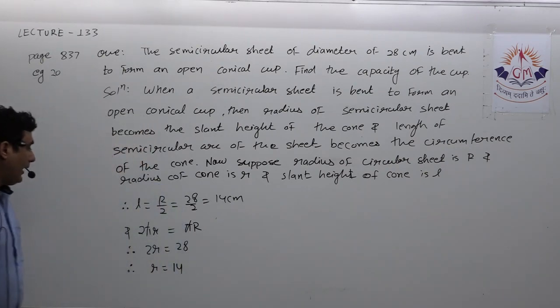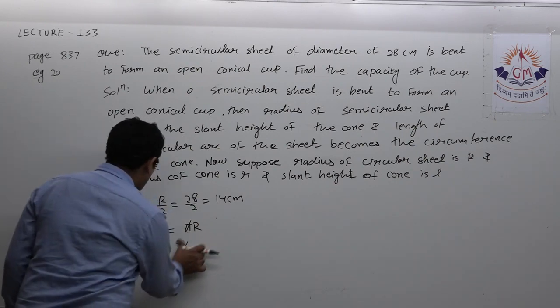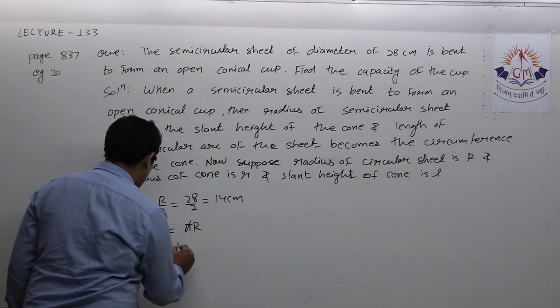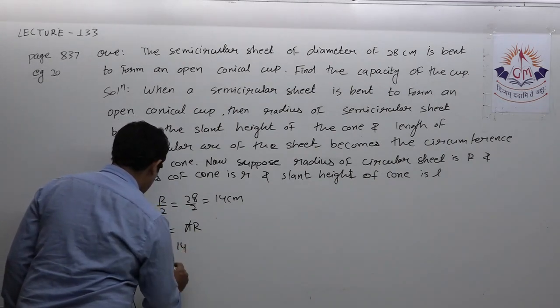Okay, so after getting r and L, now it is possible to find the height, and then we can find the volume. Here capital R is actually 14, so small r will become 7.